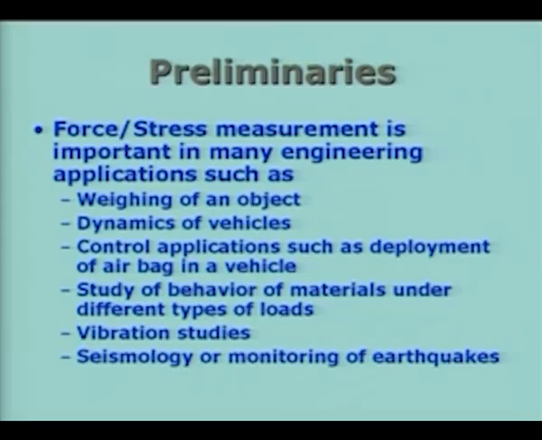So, this is the control application where the deployment of the airbag takes place only if the force is more than certain value, and this is measured by a force transducer or a force measuring device.